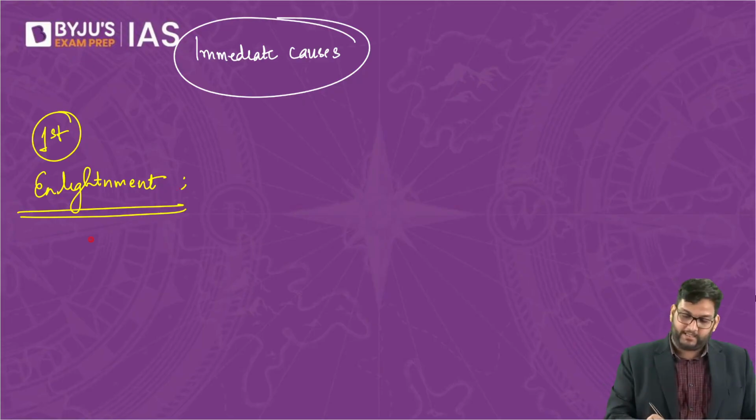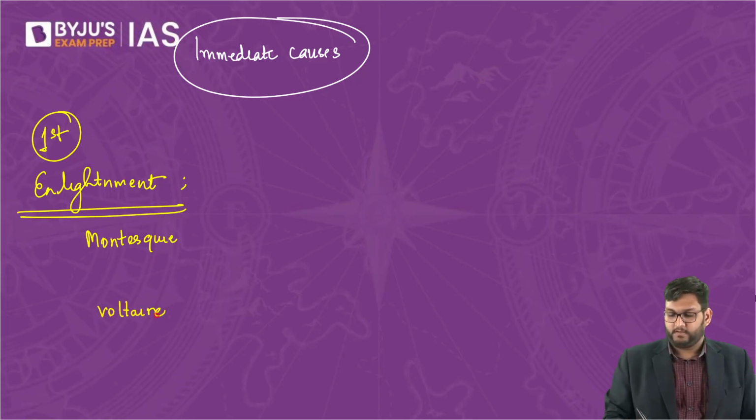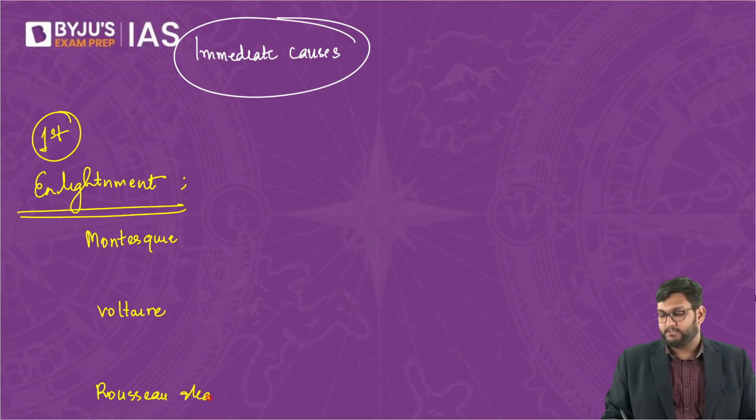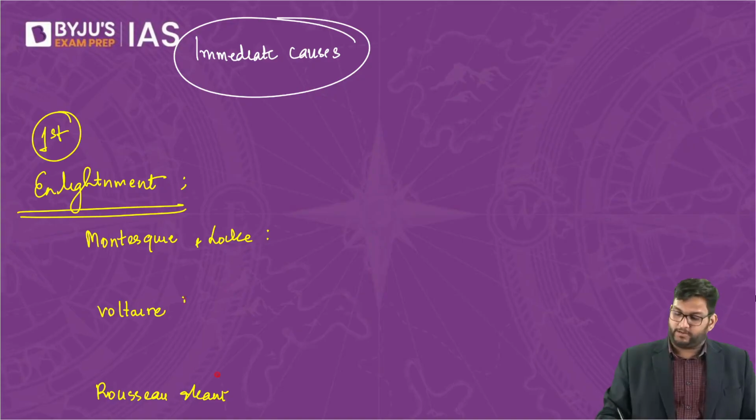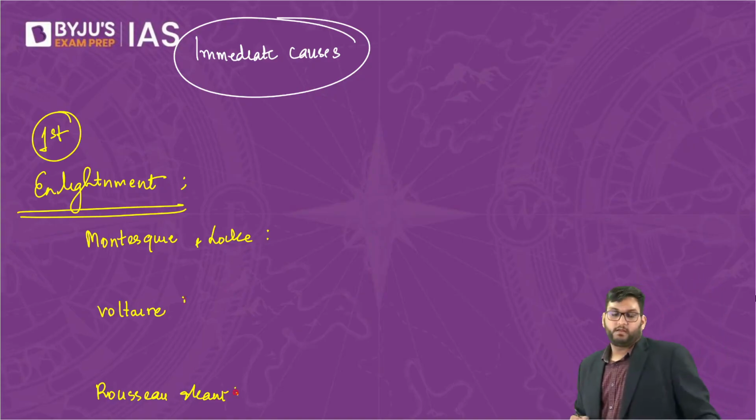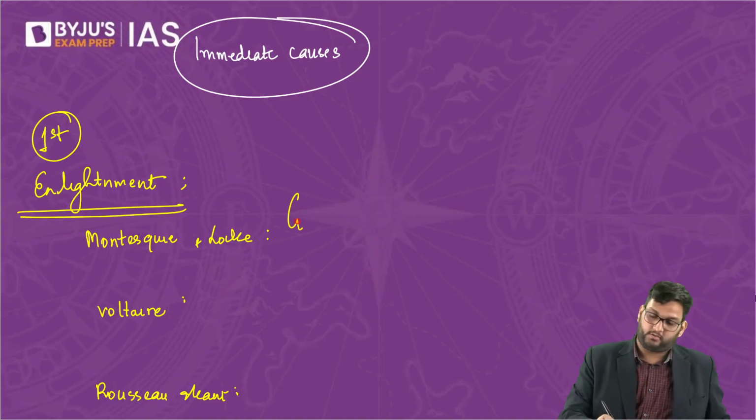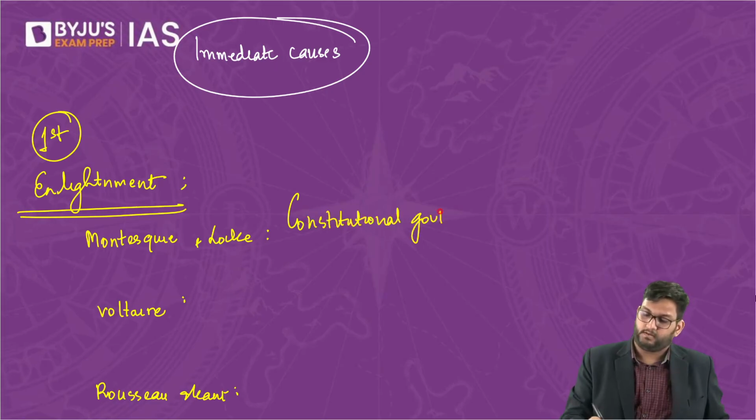Here you have Montesquieu, Voltaire, Rousseau and Kant, along with Locke, who were arguing about multiple things. Montesquieu and Locke: constitutional government, separation of power.